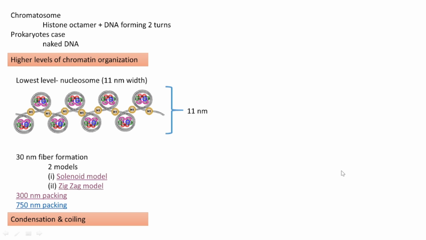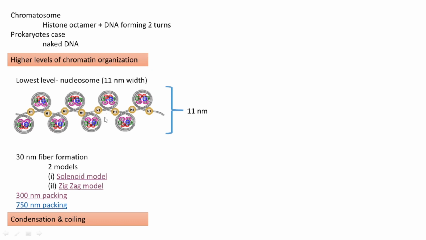Then after that, it undergoes the first level of organization, that is the nucleosome level that we learned in the last class. In this class, today's section, we are moving to higher levels of chromatin organization.